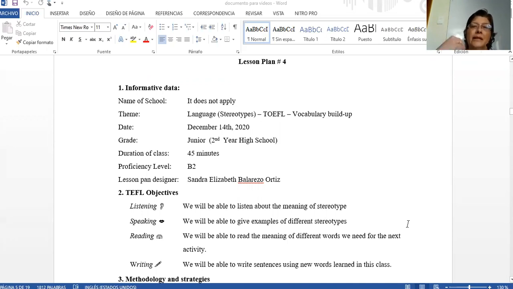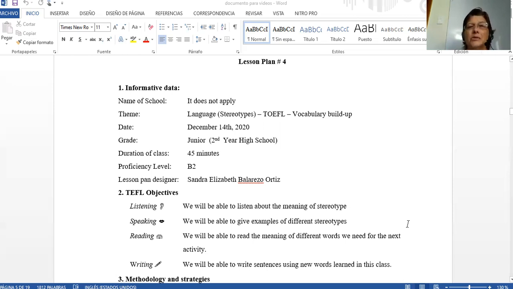But then in the high school area, talking about sophomore, junior, and senior years, they have the IBT TOEFL North Star books, and each book has, I think, 7 units that develop the four skills. Each unit practices and develops the four skills. And what they were learning at this point is about stereotypes.